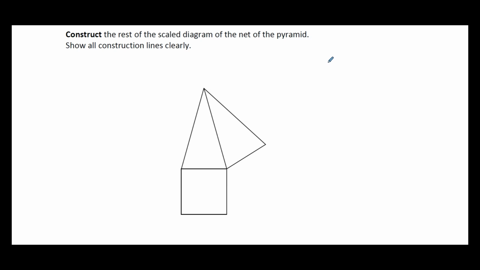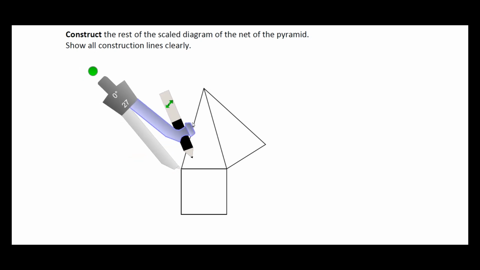So what am I missing? Another 2 sides. Where do you draw them? Wherever you want. Now, the main part here is that they have to be exactly like this triangle. So how do we do that? We take our compass.